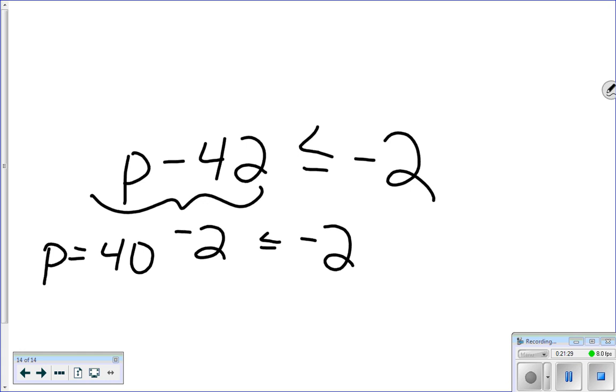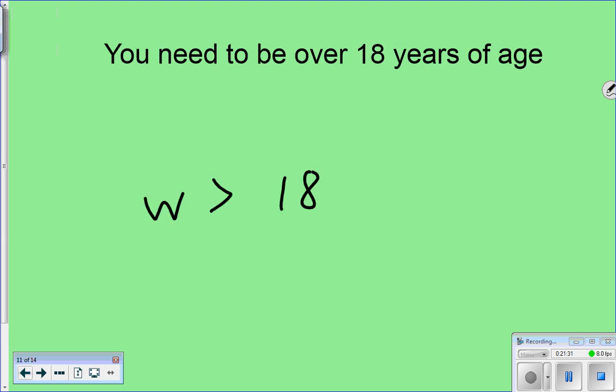If I went back here and said W is equal to 18, what can W only be? What can W be here? 19, 20, 21, 22, 23. That's the difference: inequalities can have 1,000 answers, while equations only have one.